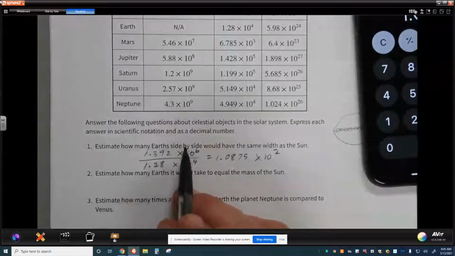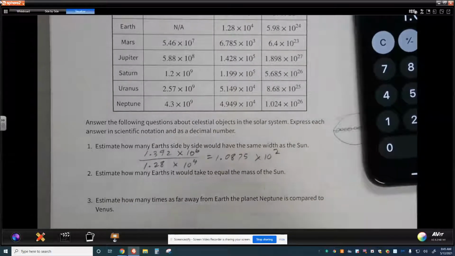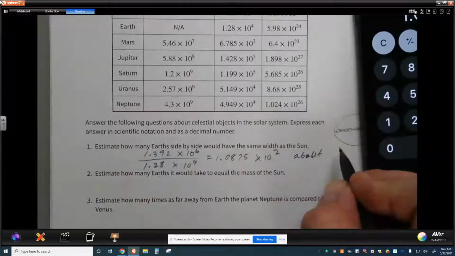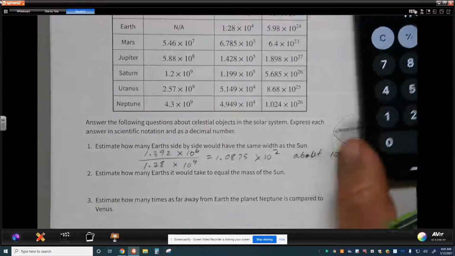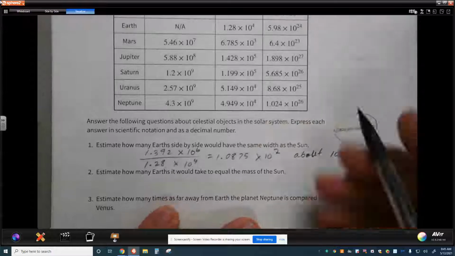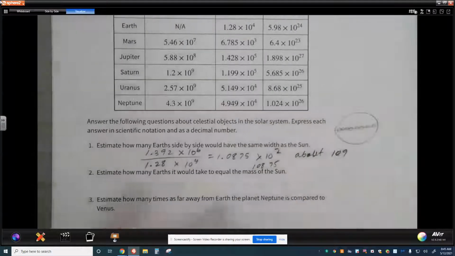And now we say estimate how many Earths side by side it would take. Well, then I take this number and we multiply it by 10 to the 2nd power. We'd have to have somewhere around about 108. So this one, I would probably round up to 109 because this is 108.75. So we can say about 109.